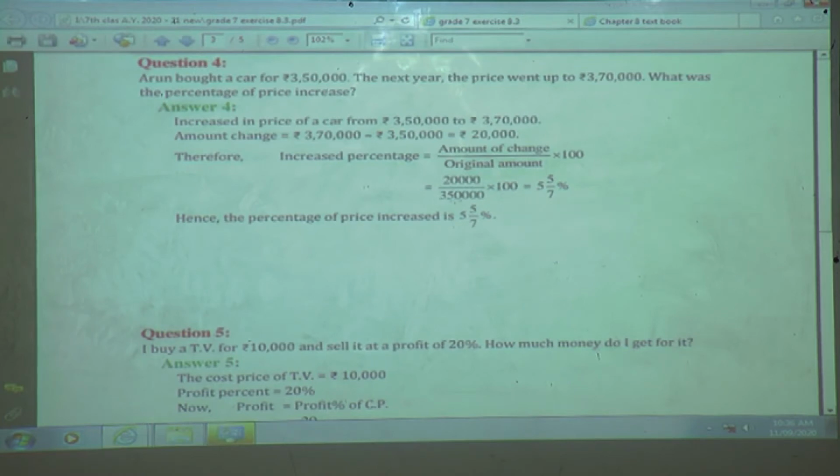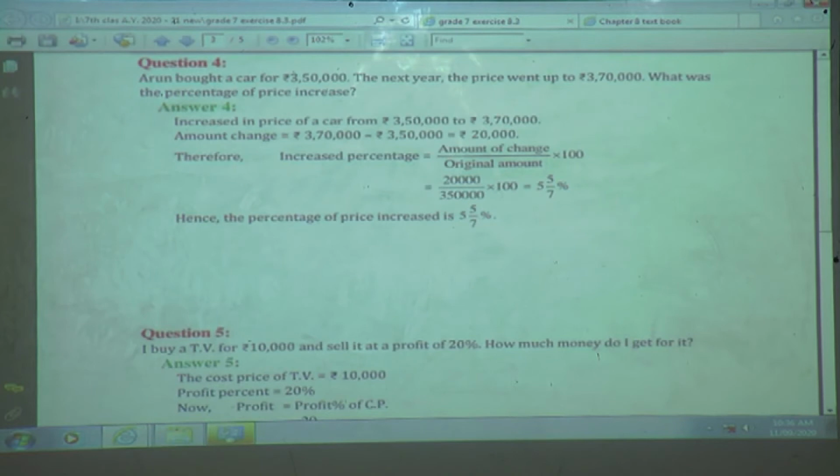After reducing this, we get an improper fraction, which should be converted into a mixed fraction. So we get 5 whole 5 upon 7%. Therefore the percentage of the price increase is 5 whole 5 upon 7%.